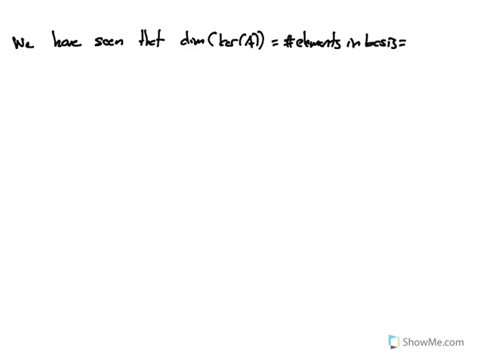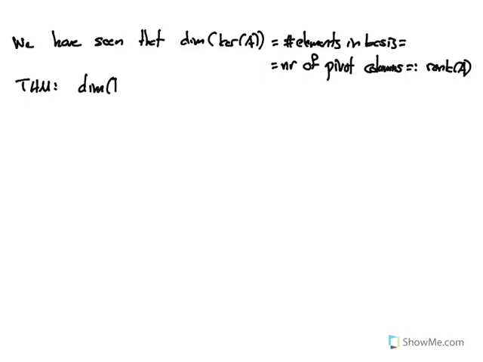We have seen that the dimension of the null space of a matrix, this is equal to the number of elements in the basis, and this is equal to the number of pivots, and this by definition is the rank of A. So here is a nice little theorem, which is that the dimension of the range is the rank of the matrix.